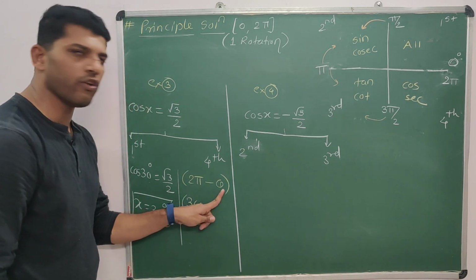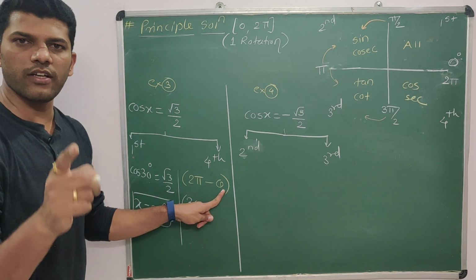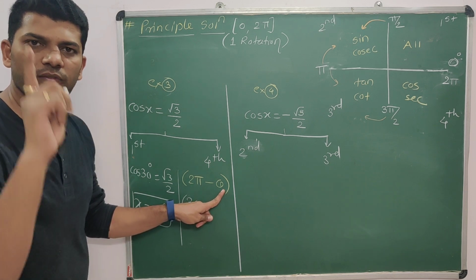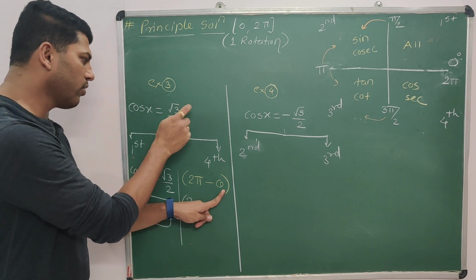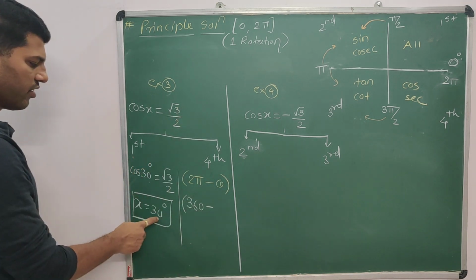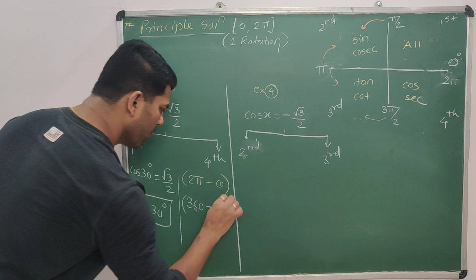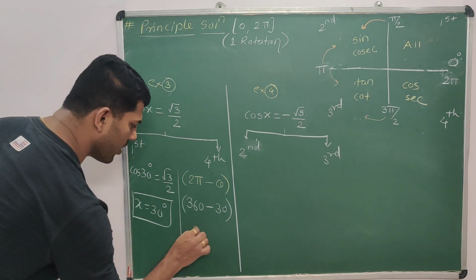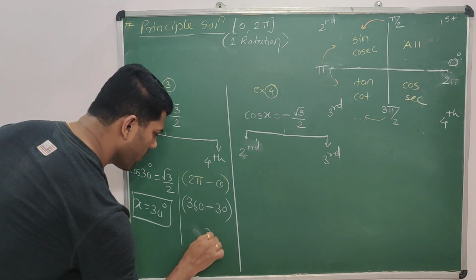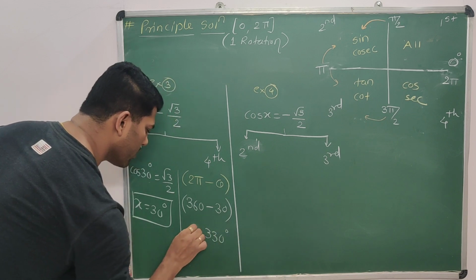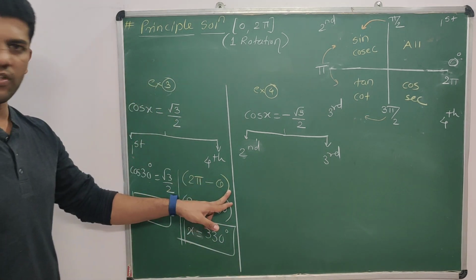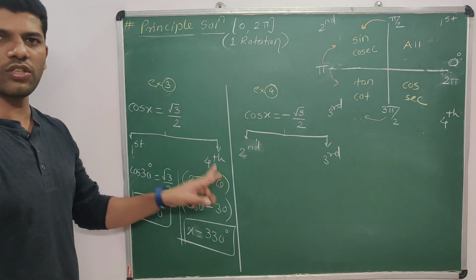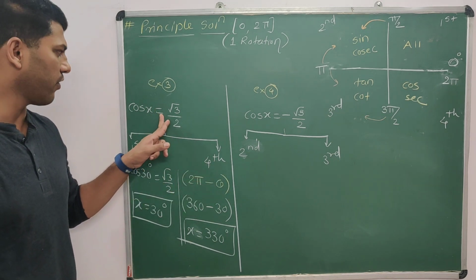And what I told you about theta: the fundamental or basic angle from the first quadrant for that value. For this value, the angle in the first quadrant is 30 degrees, means 360 minus 30. So here we got 330 degrees, which is the second solution from the fourth quadrant. So right, here we got two solutions for this equation.